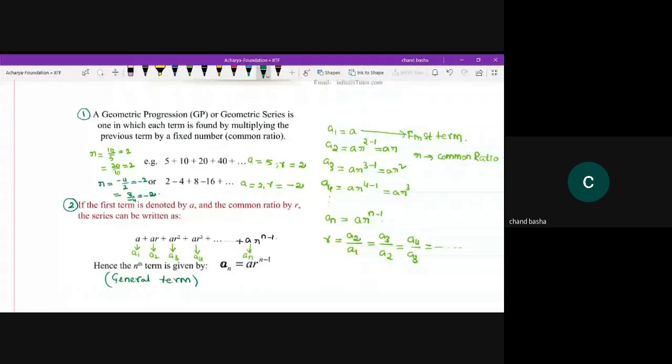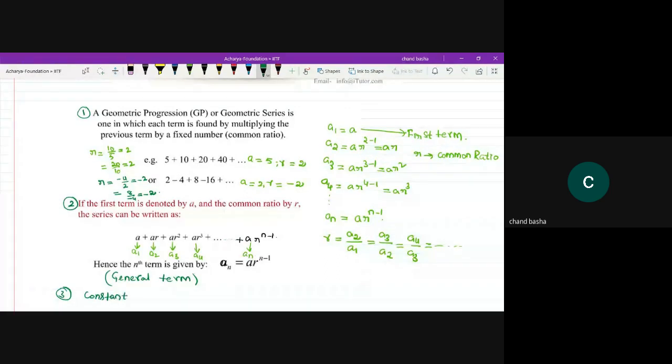Sometimes we can have the third point, also called a constant series. What is the constant series which is in GP? Suppose I take 2 plus 2 plus 2 plus 2 and so on. Then what is the first term here? 2.